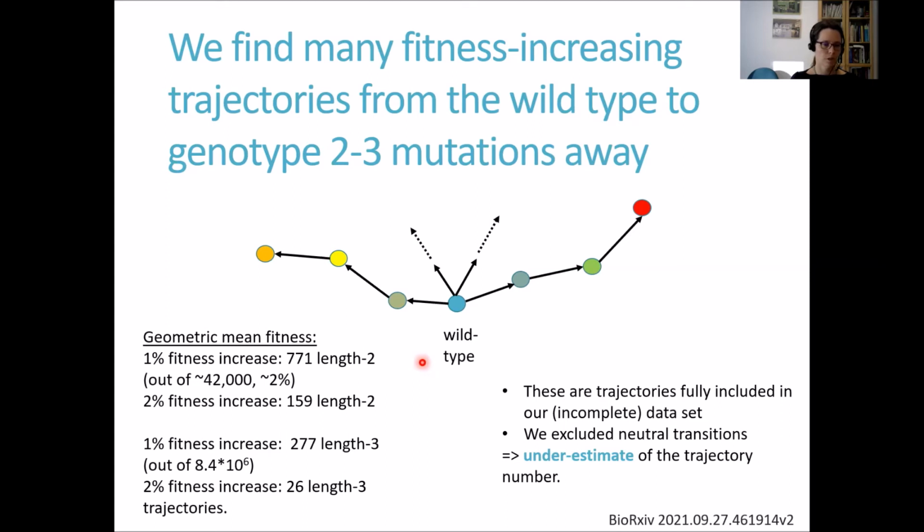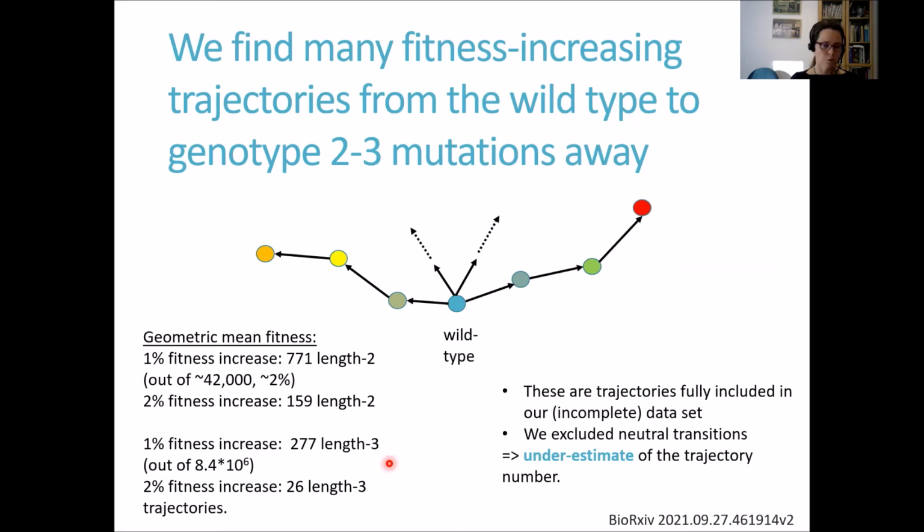We also did this for the fitness data in a single condition. There we got even higher numbers. So for the geometric mean fitness, if we require that at every step the fitness increases by at least 1%, then we find 771 trajectories of length 2, namely leading to fitter double mutants. If we are stricter and require that the fitness increases by at least 2% in every step, then we still find 159 such trajectories.